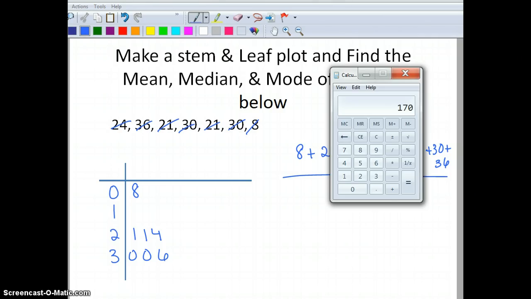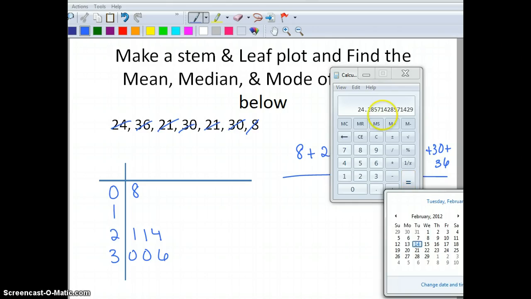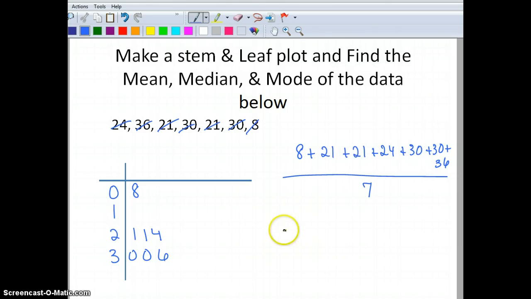Okay, now when I add that up, I get 170. And now I'm going to divide by 7. So my mean is 24.3. I'm just going to round to the tenths place.